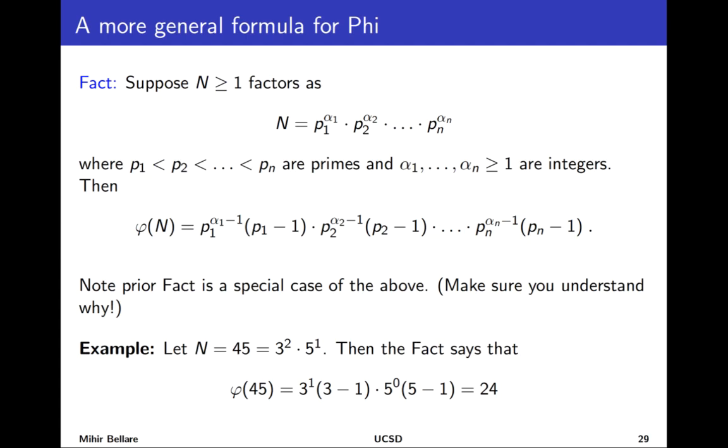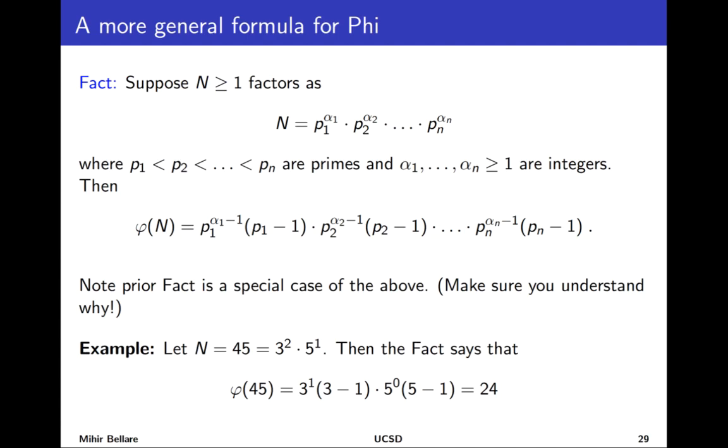It's sometimes useful to have a generalization of this. If n has more than 2 factors, in general it factors as the product of prime powers, p1 to some power alpha 1, p2 to some alpha 2, where all the pi's are distinct primes and the alpha sub i are positive integers, then phi of n is the formula here.